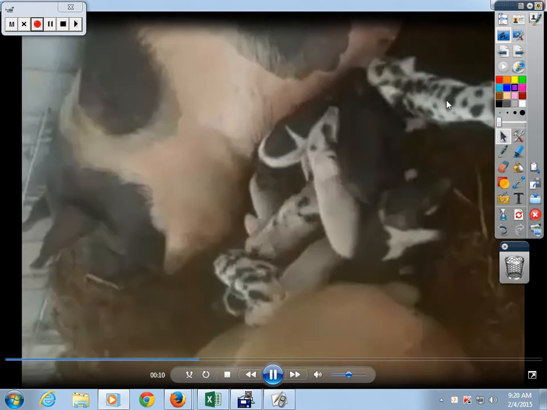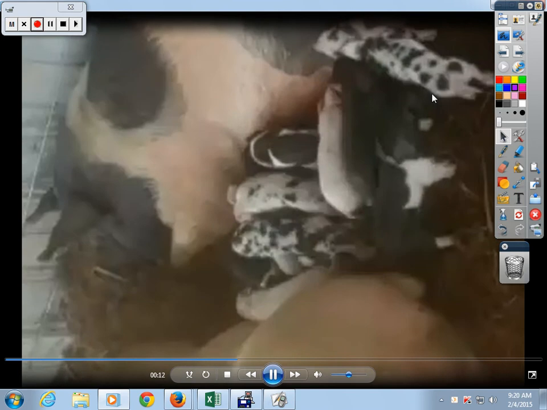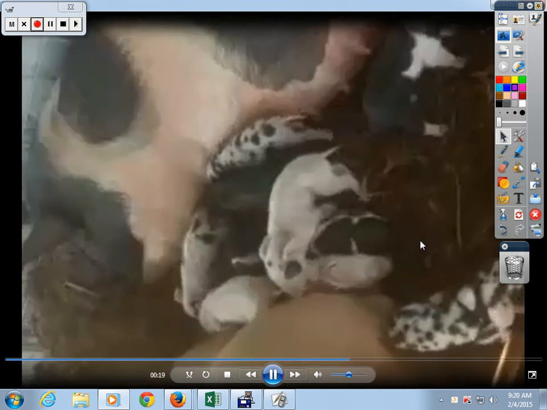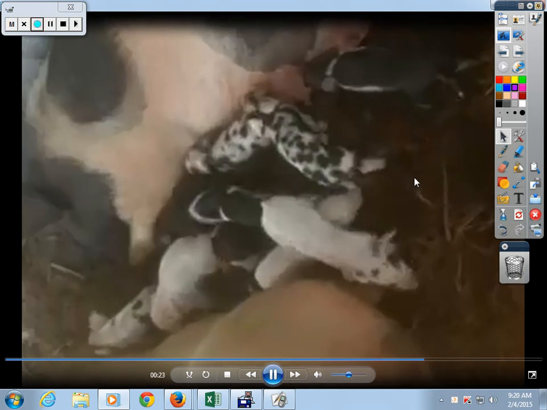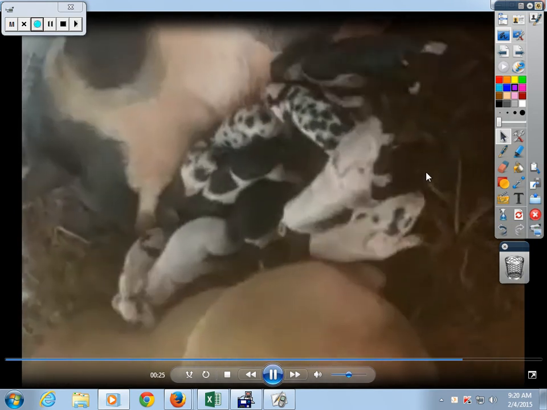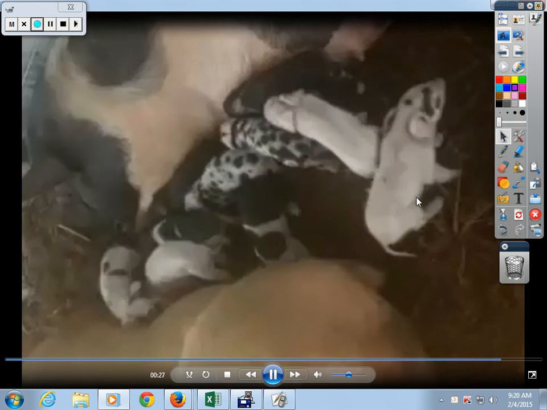Those Dalmatians look like little puppies. They look like Dalmatian dogs. How do baby pigs die? Do you know? Their mamas sit on them. That's how. So we have to watch them, make sure they don't get squished.